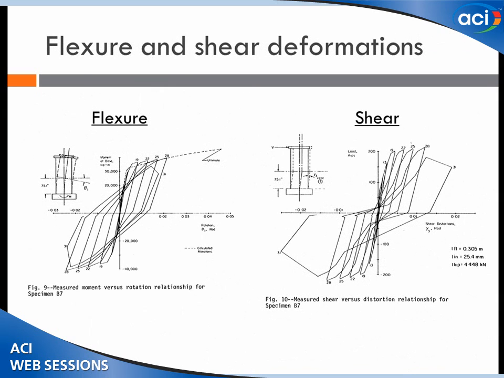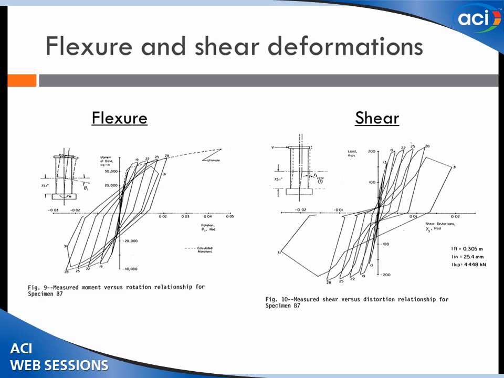One of the things that I find particularly interesting, looking back at the work, is something that is fully overlooked in all the computer software that we use today to analyze these wall buildings, up to 1,000 feet tall. And that's the interaction, the coupling that occurs between flexure and shear.